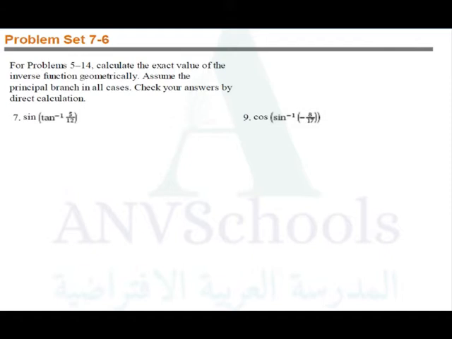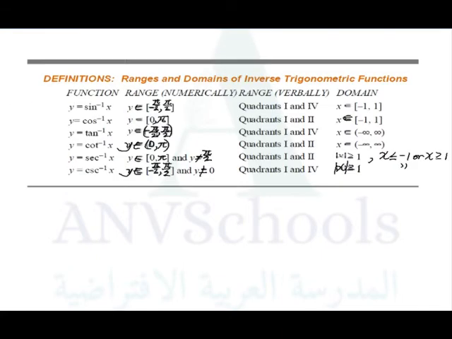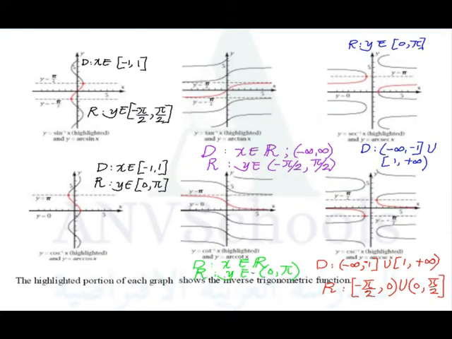Tangent. The principal branch is in quadrants 1 and 4. So these are the principal branches, as you can see here. Let's take that in mind.